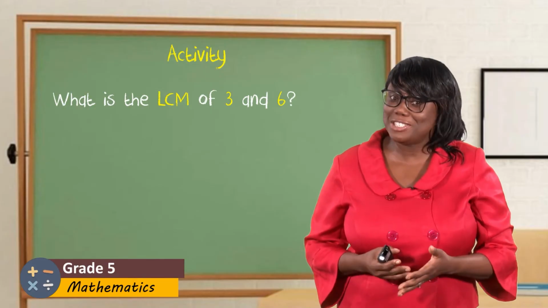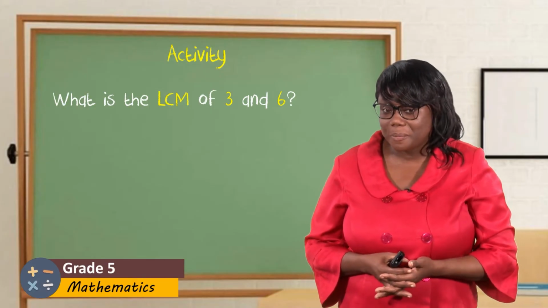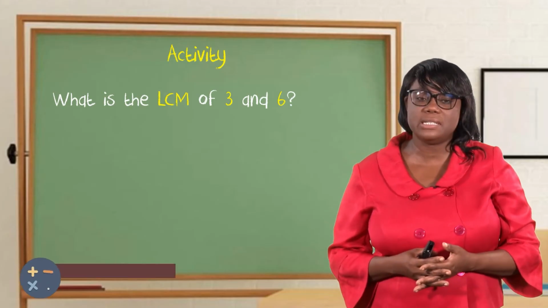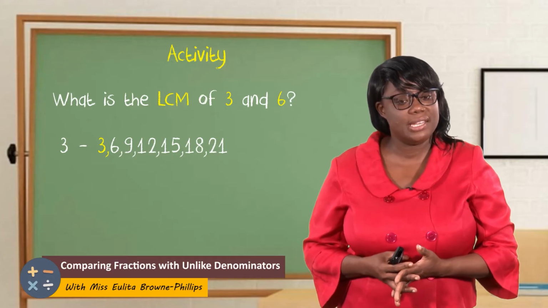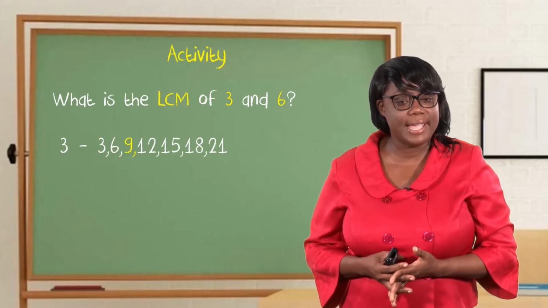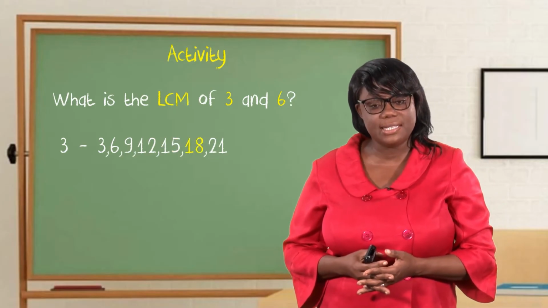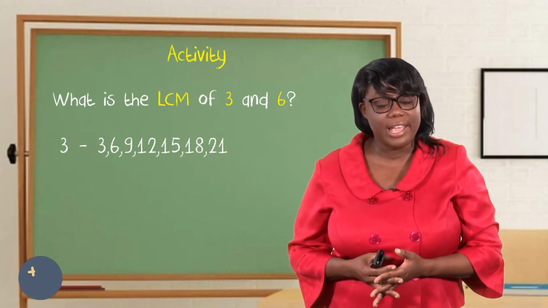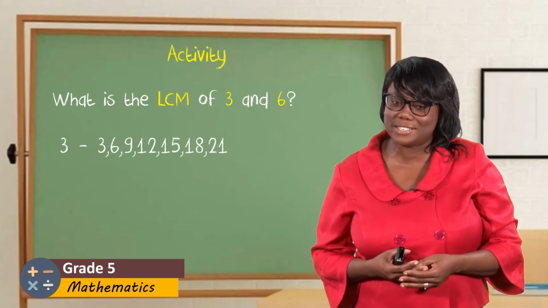You should be finished by now, boys and girls. Let's see what you have. Let's list the multiples of 3. Do you have 3, 6, 9, 12, 15, 18, 21? If you have that, you are absolutely correct, boys and girls.